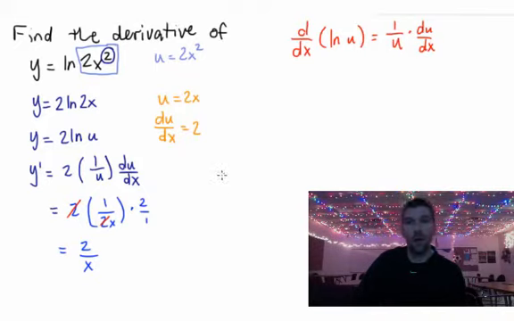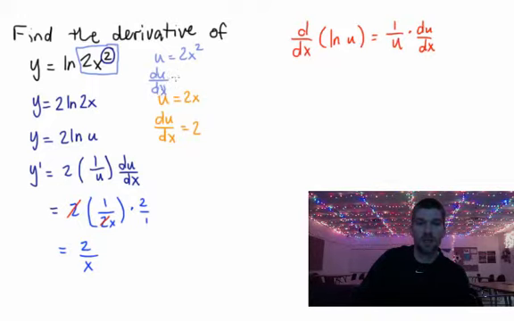And you know what? Why not? I'm going to go ahead and work it out the other way too. So du/dx, let's just go for broke. If you didn't like how I did it the first time, here's the second time. Now y equals the natural log of u, where u is 2x squared, so du/dx is equal to 4x.